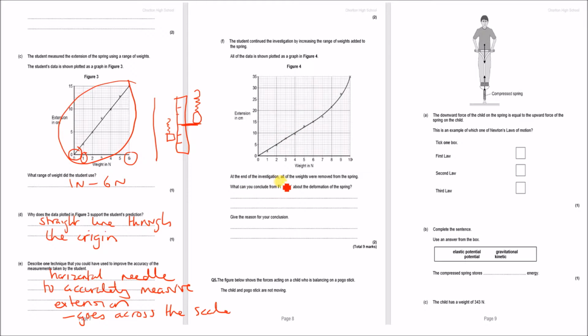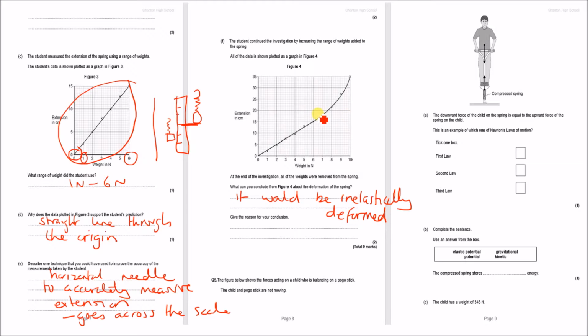Okay, the next question. At the end of the investigations, all the weights were removed from the spring. What can you conclude from figure 4 about the deformation of the spring? Now remember, when we get this curve, this means it has gone past its elastic limit. So it will have deformed inelastically. That means it will not return to its original shape.